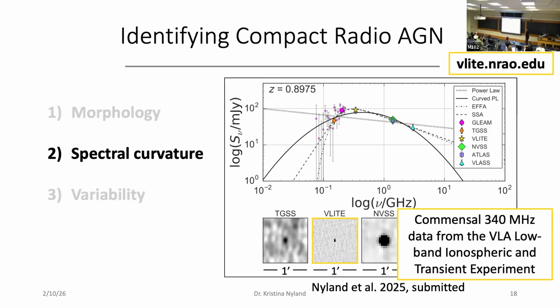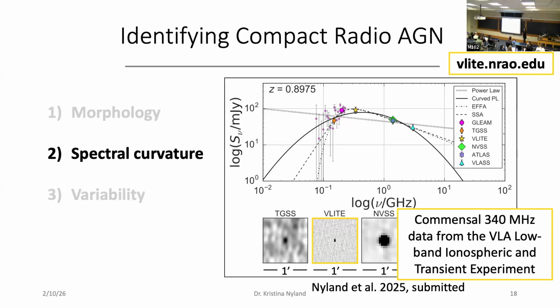It's this piggyback system that operates on the VLA at lower frequency. And if you have PI observations with the VLA, you can request these observations by contacting the NRL project scientist, Tracy Clarke. And if you Google VLITE, you can find NRAO's page that has all the contact information.